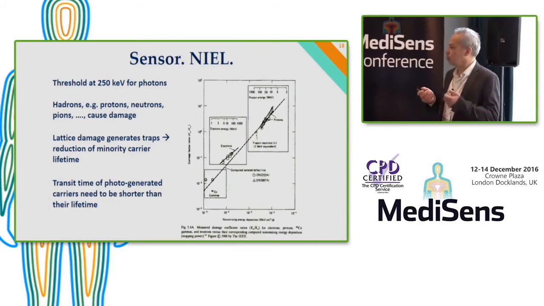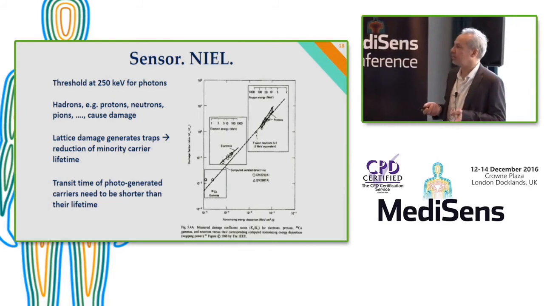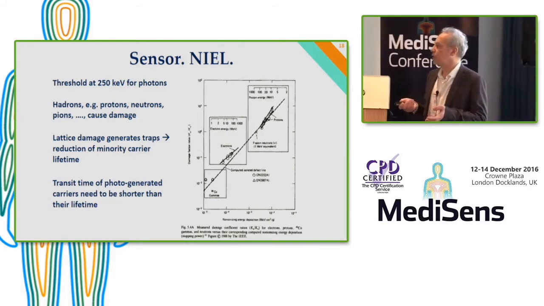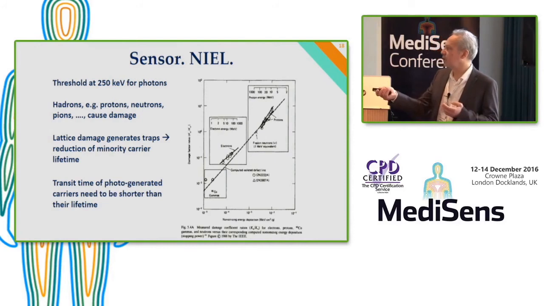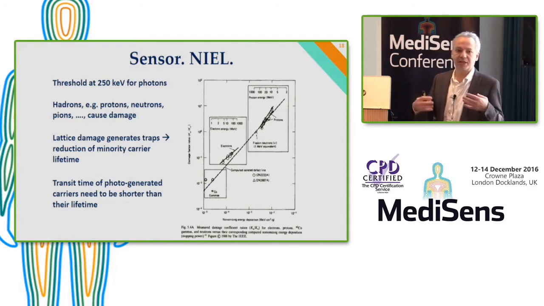But we have to take care of this type of damage, so what do we want to do? What happens to the silicon, and how can we manage this damage? One important thing is that when the silicon gets damaged, the electron-hole carriers get trapped more quickly.